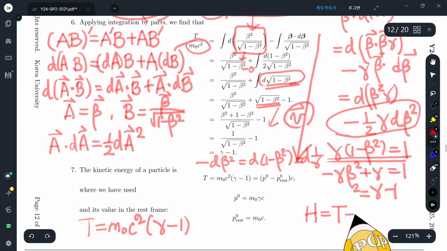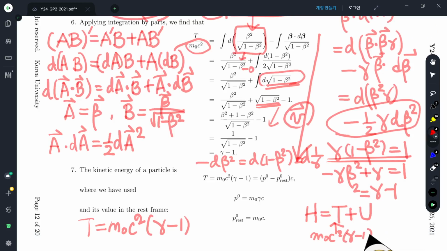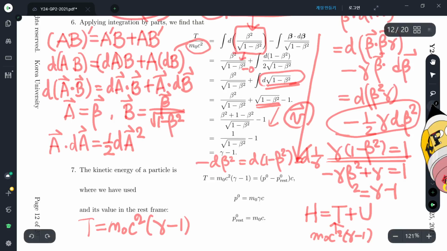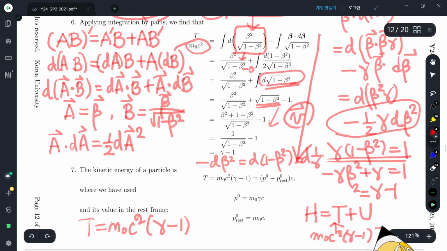Kinetic energy plus potential energy. And it seems there is a kinetic energy that is m0c squared (gamma minus 1). Usually this is a free particle, so there should not be any potential energy.